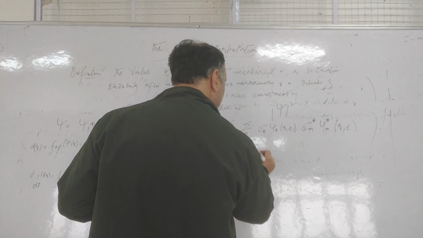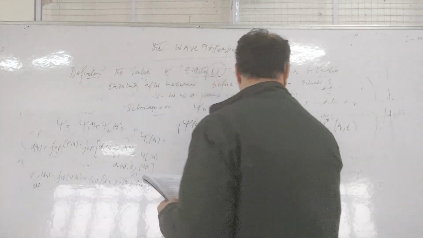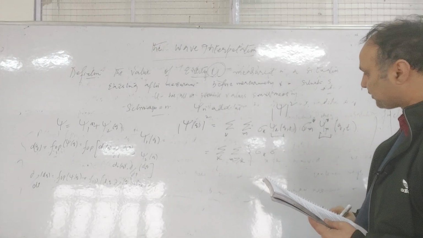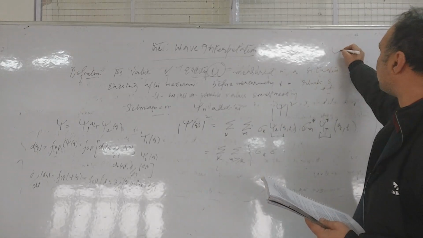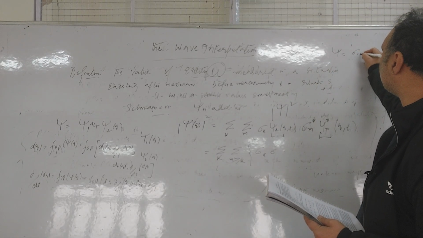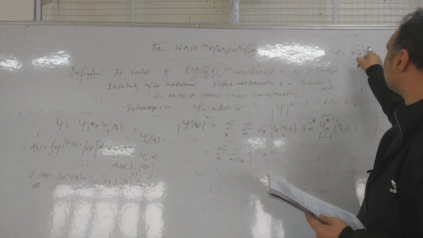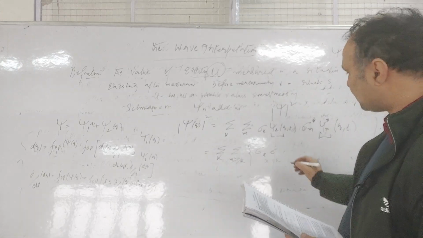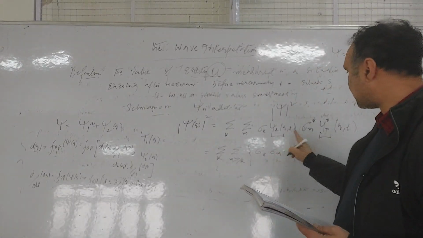Now again we can write psi m in terms of phi. So those psi's can be written in terms of sigma i k into phi of i k, some operators where psi and phi can be related. So we can have sigma m here.